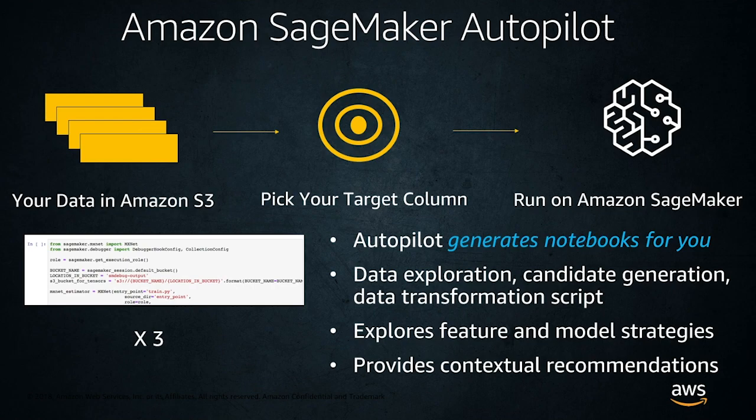Again, it's going to explore feature and model strategies. And then it's also going to provide contextual recommendations to you. So it will look at your data and say, hey, based on this distribution in a certain column, I really think we should drill into the domain knowledge base in a certain area, so that we can get more clarification about why the data look like this in a certain case.